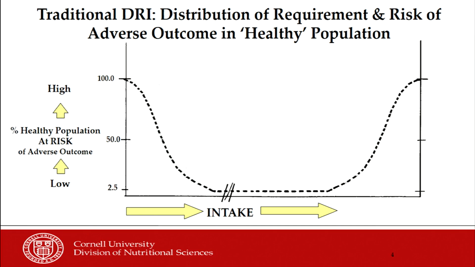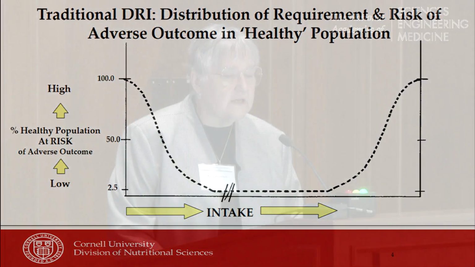But in this distribution then, as intakes are low, the risk of adverse outcomes increases. As intakes begin to increase, you have an area where the risk of adverse outcomes is minimal, and then at higher intakes, the risk of adverse outcomes begins to increase. And we basically set the recommended dietary allowances at a level of intake that meets the needs of 97.5% of the general population.